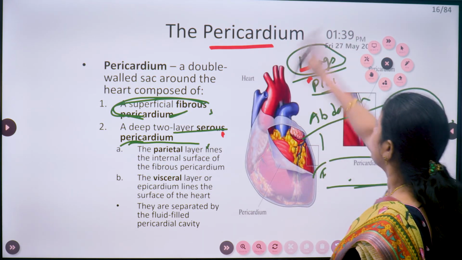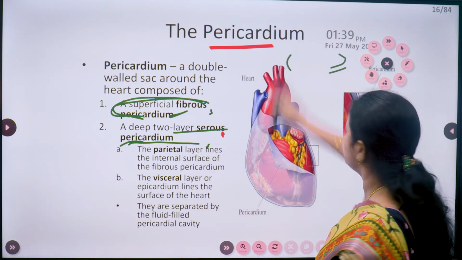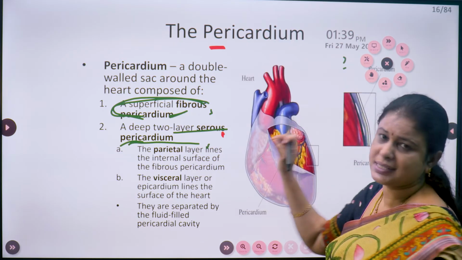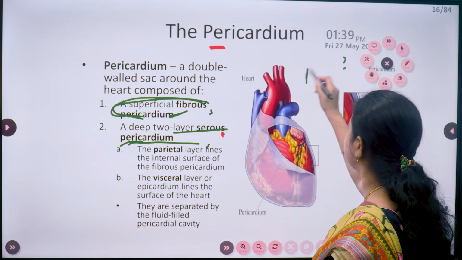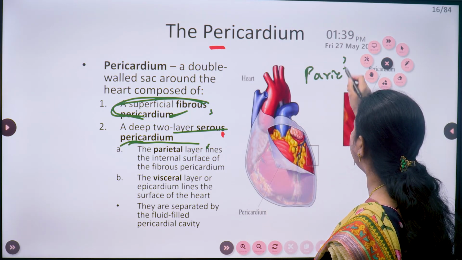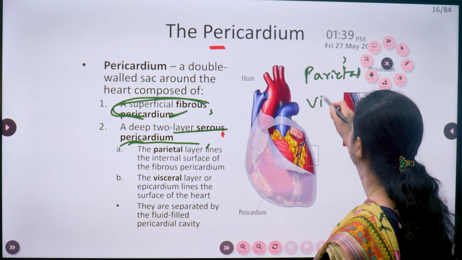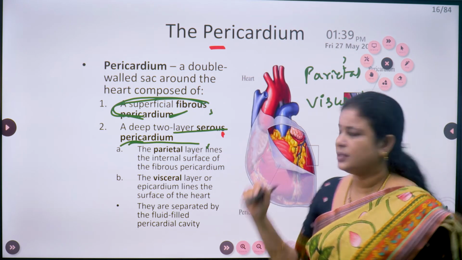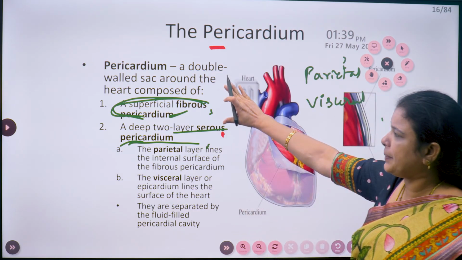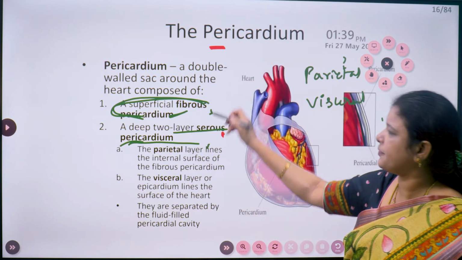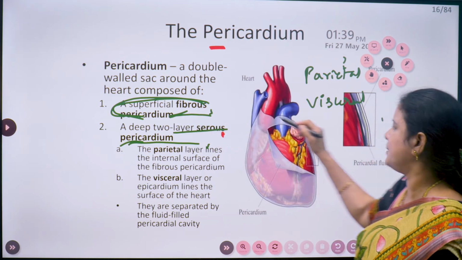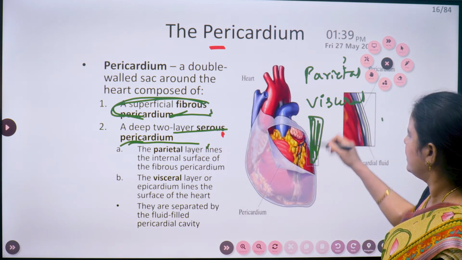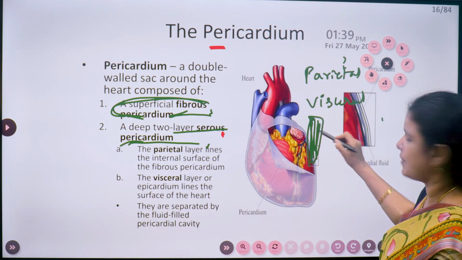Now the pericardium is a fibroserous sac. A serous sac means it should have two layers: parietal and visceral. In the pericardium, the outer or superficial layer is the fibrous pericardium, made up of fibrous tissue.